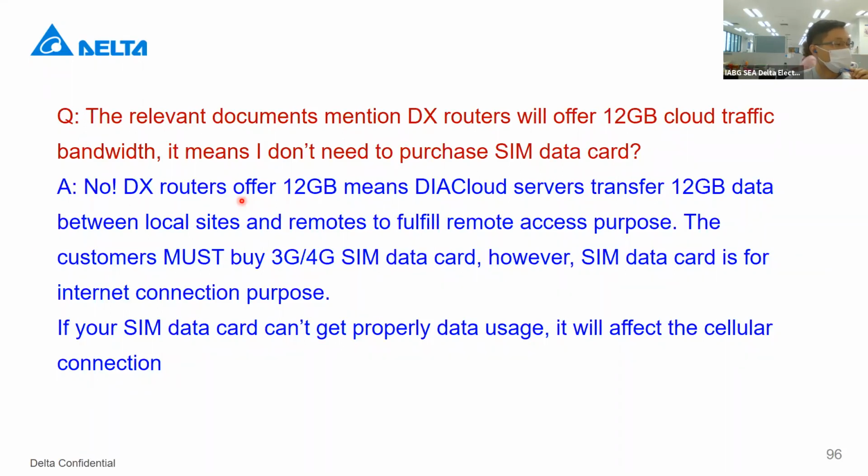Cloud routers only offer the 12 GB of data transfer between the local site and the remote site to fulfill the remote access purpose. So the customer must buy a 3G or 4G SIM card.